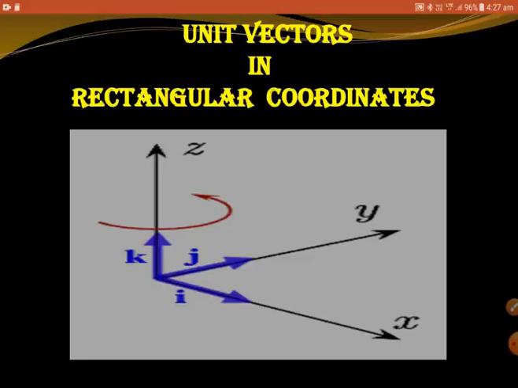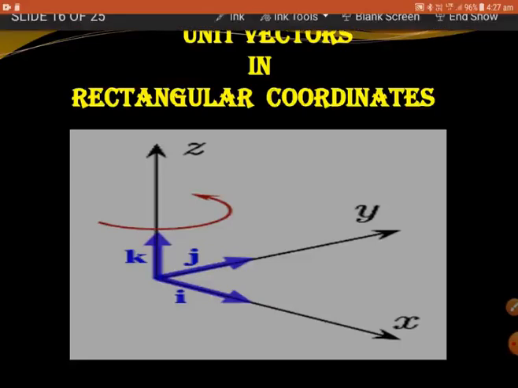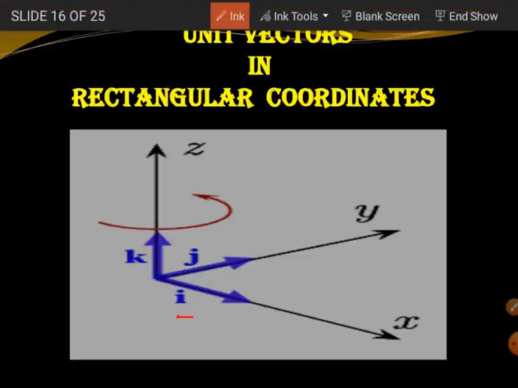Now the notation for a unit vector: the unit vector along the x-axis is denoted by i cap. If it is written in bold letters while printing on the computer, that bold letter will represent a vector. So i, j, k here are nothing but the unit vectors.